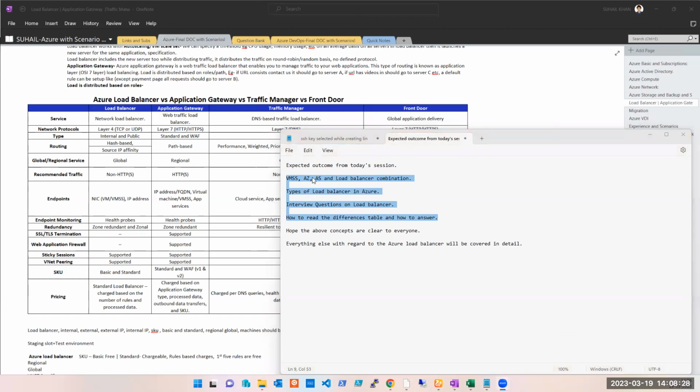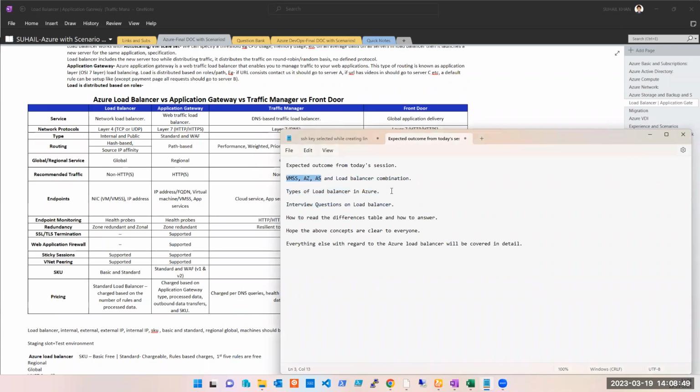But anyone who did not understand this one, what is the combination, how the combination works, how without VMs or without Azure availability zone or without Azure availability set the load balancer is useless for us, and how without the load balancer these technologies are useless for us.